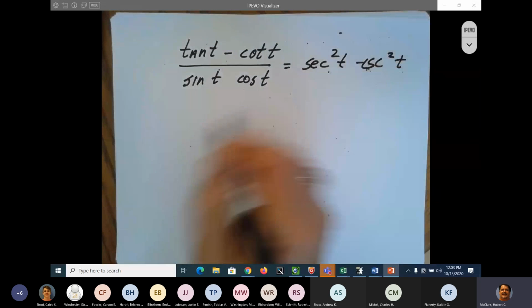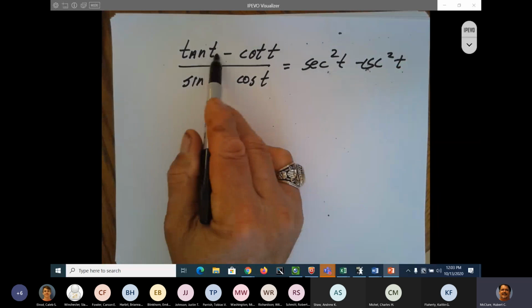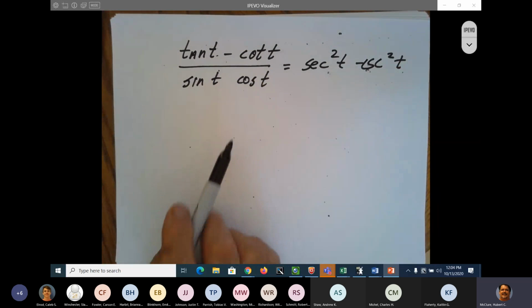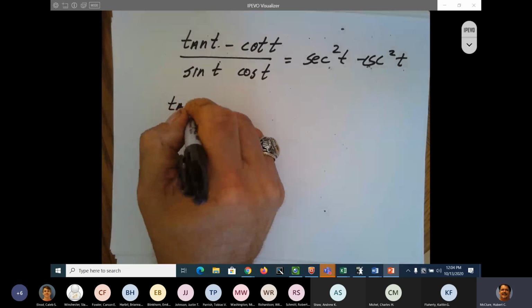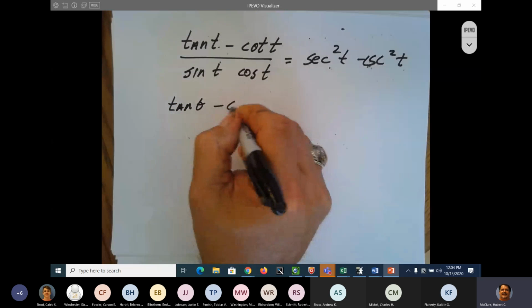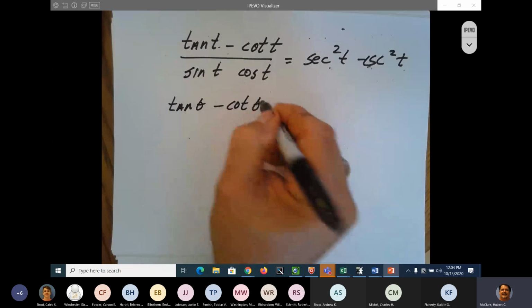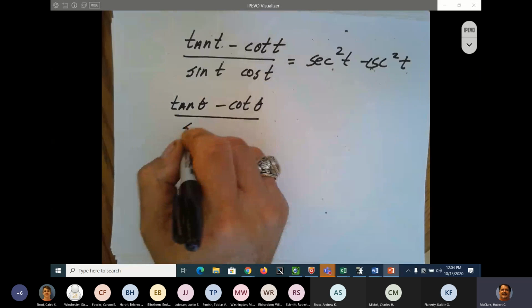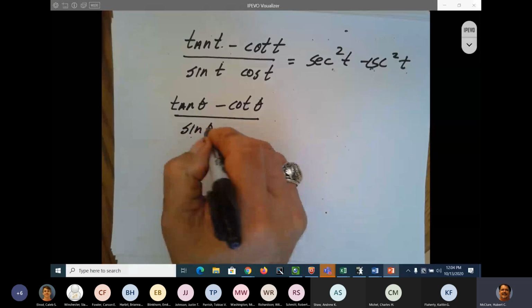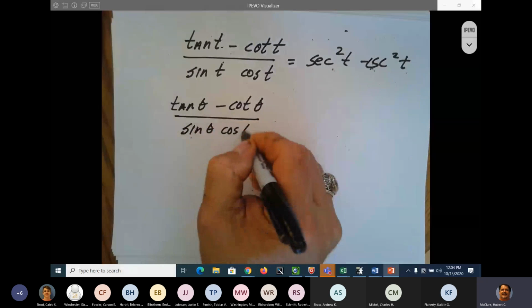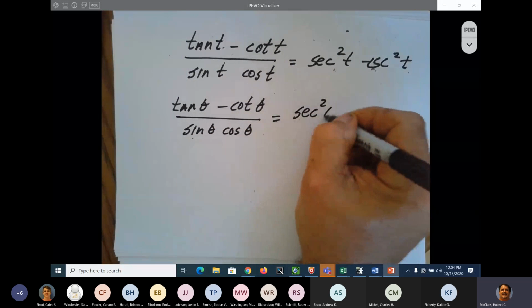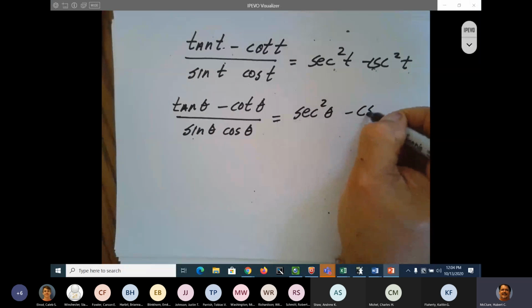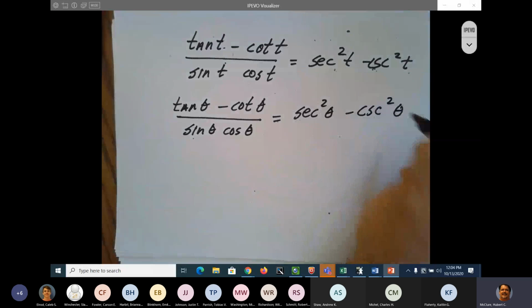Why would you use t with tan and cotan? Let's use theta. Tan of theta minus cotan of theta over sine of theta cosine of theta equals secant squared theta minus cosecant squared theta.